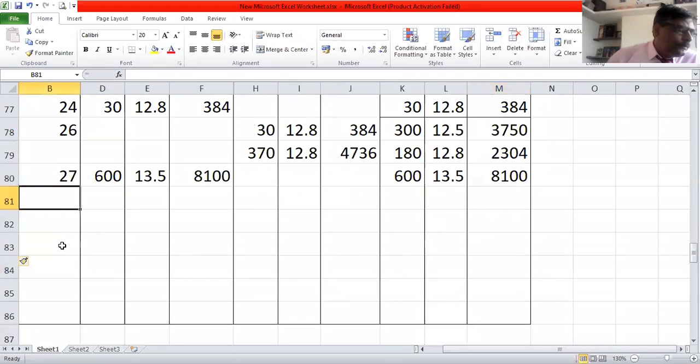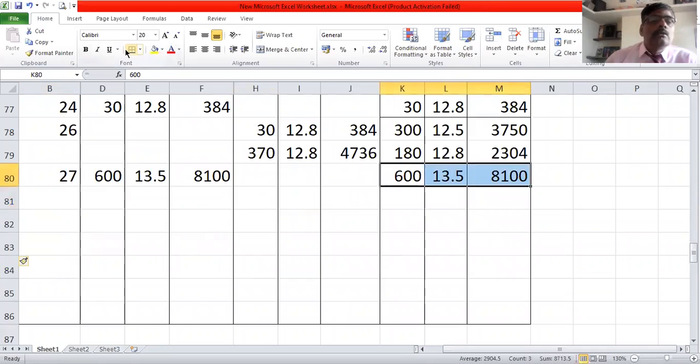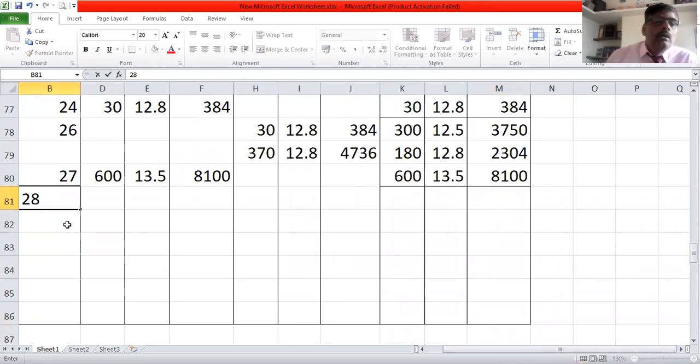Next date is 28. There is a issue. You put underline for the balance column. Okay, put the underline and take the date 28.